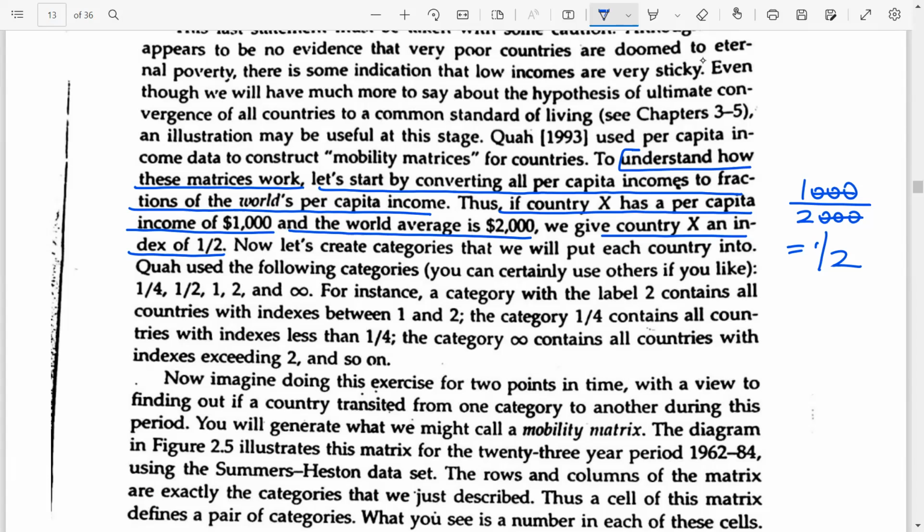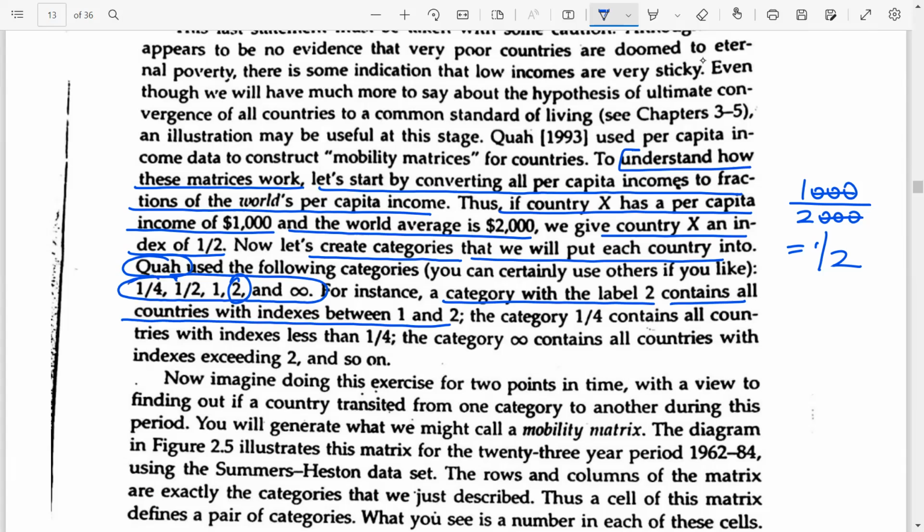In similar ways, the mobility matrix creates categories that we will put each country into. The categories created are 1/4, 1/2, 1, 2, and infinity. A category with the label 2, whose index is 2, contains all those countries with index between 1 and 2.